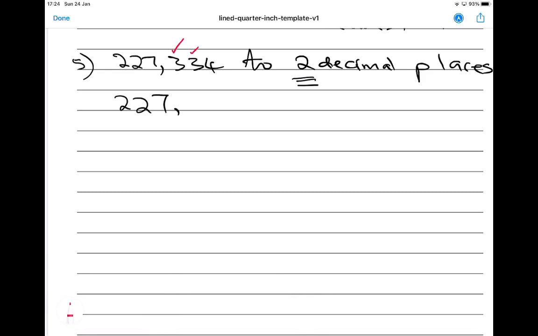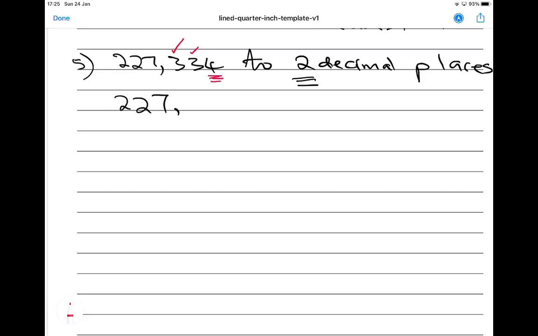But before you write down your answer, you then check the digit that follows. After you've counted 2, check the digit that follows. If that digit is less than 5, then throw it away and do not put a 0 in its place. Just throw everything away and your answer will be the 2 digits that you see just after the comma.